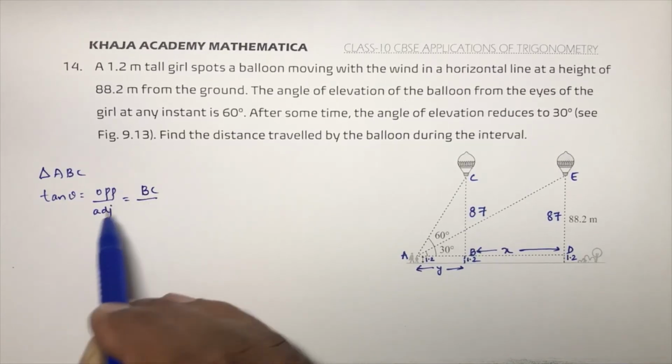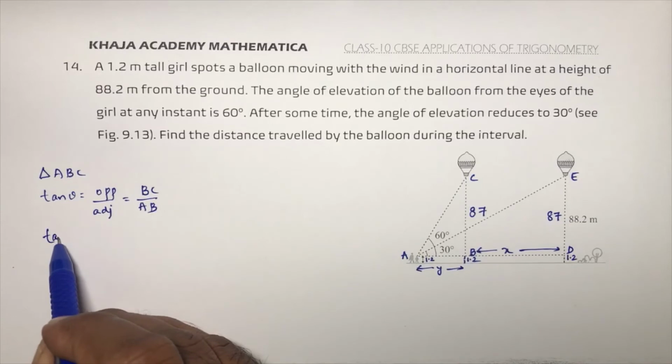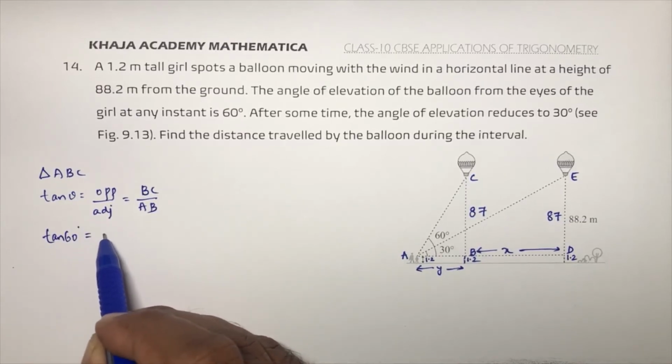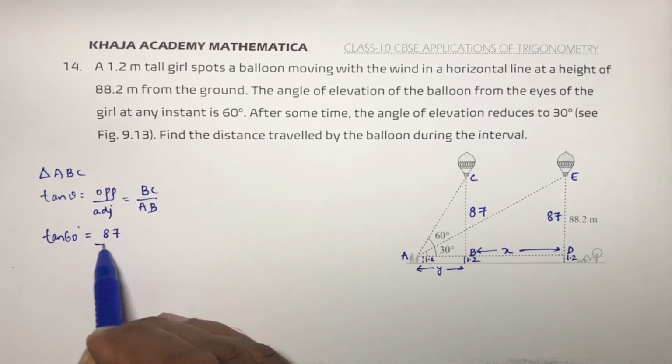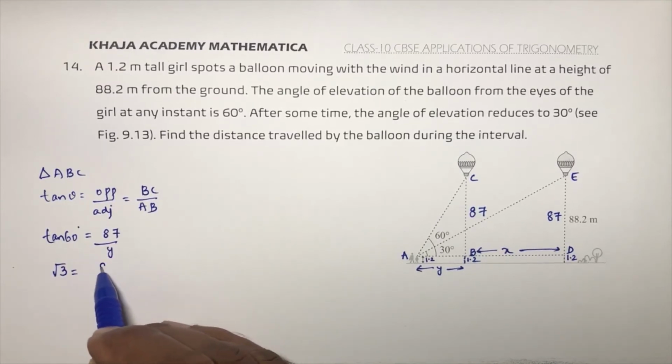Opposite is BC, adjacent is AB. Tan 60 degrees, opposite is 87, adjacent is Y. Tan 60 is root 3, which is 87 by Y.